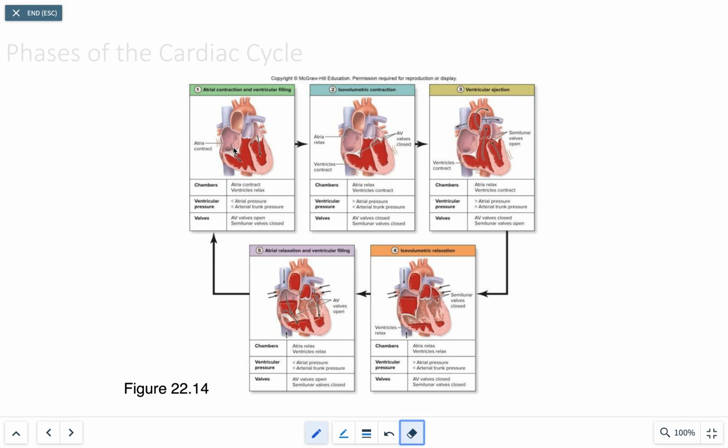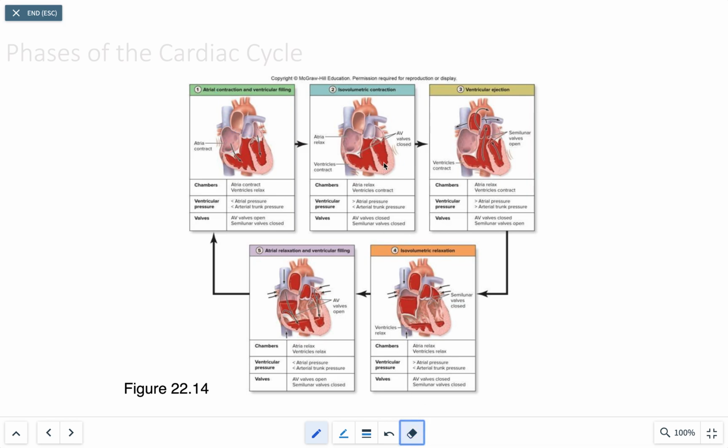Here, in atrial contraction and ventricular filling, the tricuspid and the mitral valves have opened. The atria contract, so the SA node has sent its signal over to the left side of the heart, and we see a unison contraction to fill the ventricles.